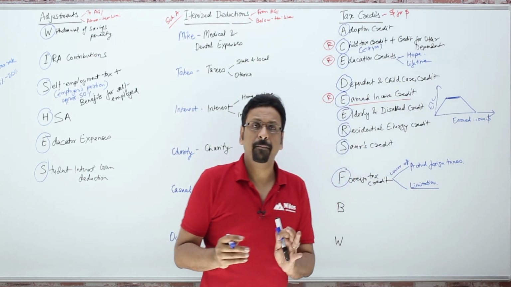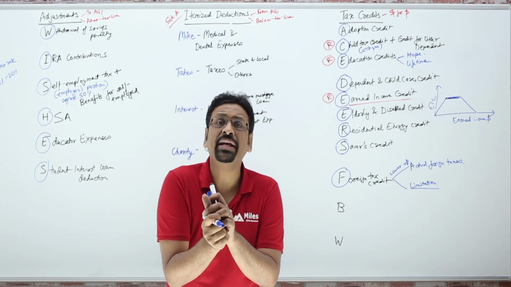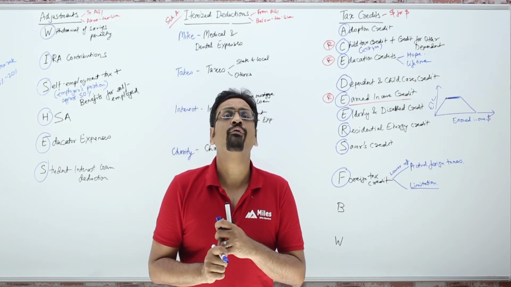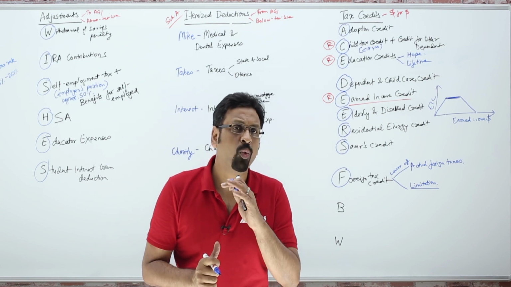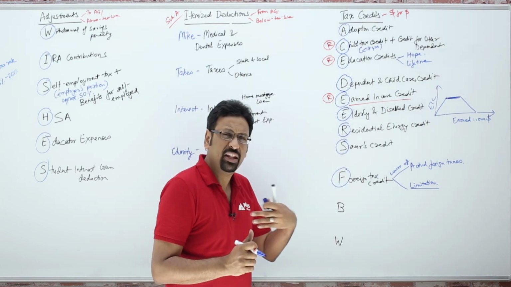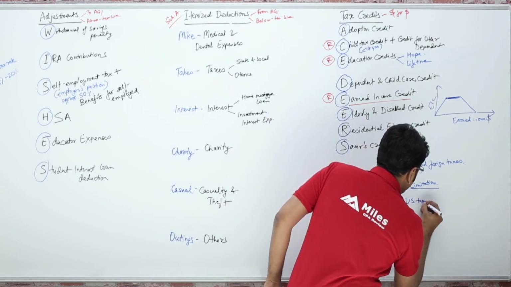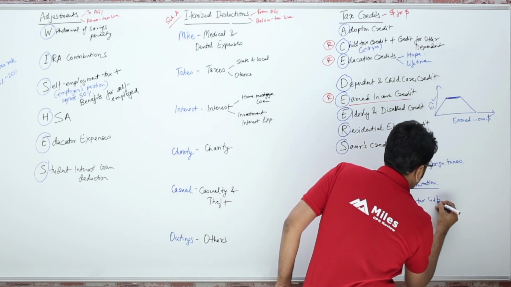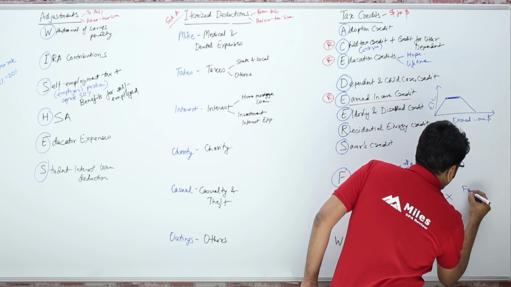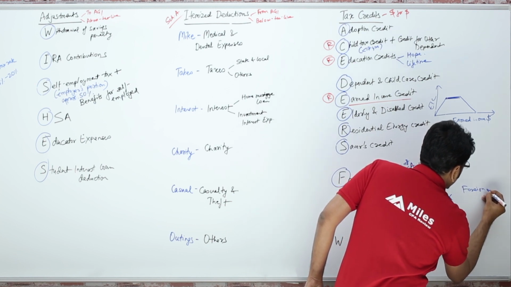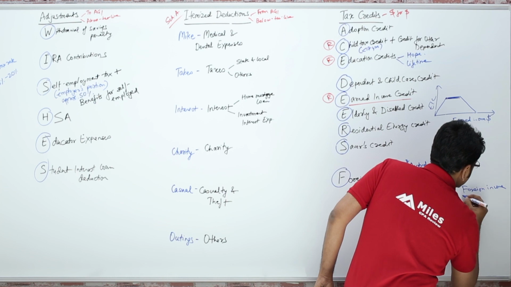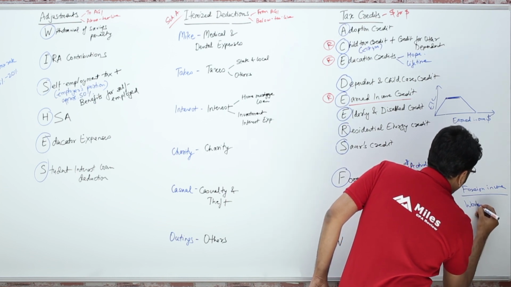This limitation basically is your US tax liability multiplied by foreign income divided by worldwide income. So let me put that up here and then we look at an example to understand this better. So US tax liability times your foreign income by worldwide income.